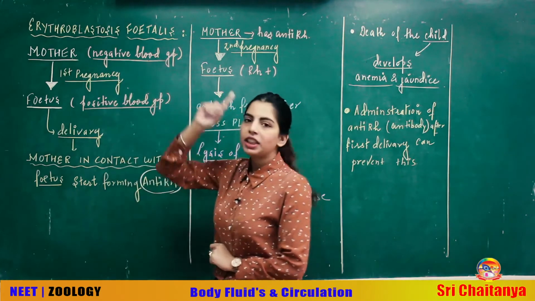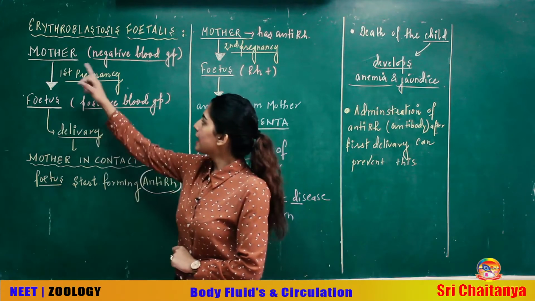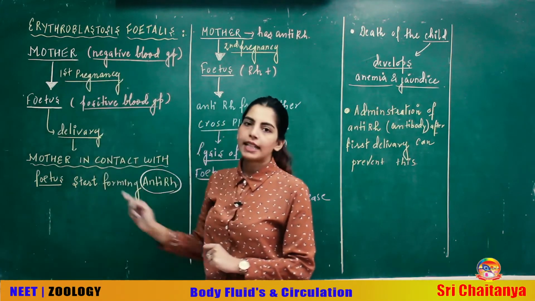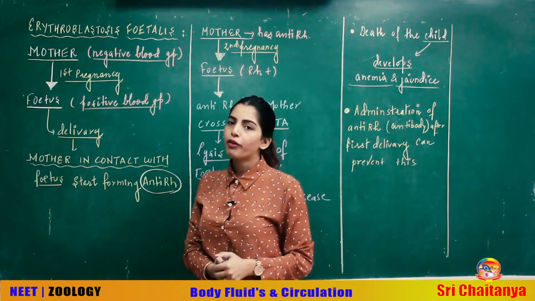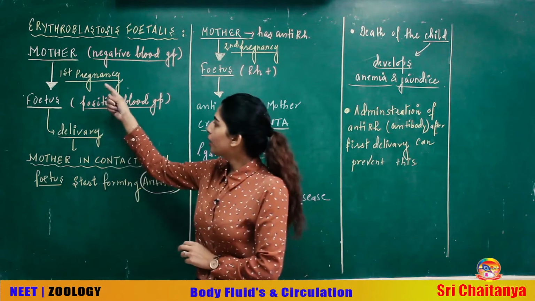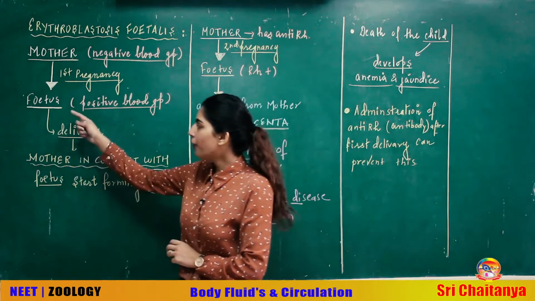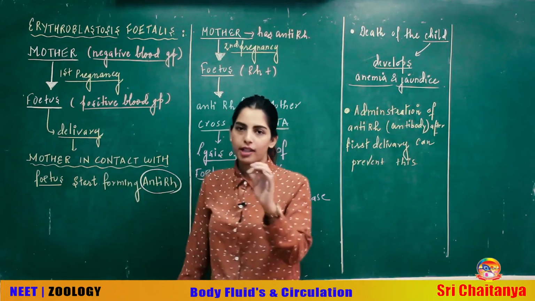Now see, the very first condition of erythroblastosis fetalis is that the mother should be of negative blood group. If she is pregnant for the first time, during the first pregnancy, the fetus, the baby that she carries, has what blood group? Positive blood group.